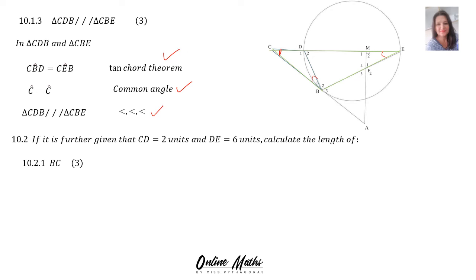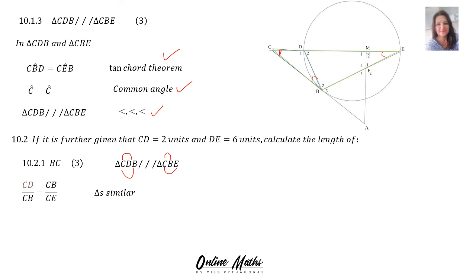10.2.1. If it is further given that CD is equal to 2 units and DE is equal to 6 units, calculate the length of BC. Now, since our two triangles are similar, we can write down this ratio. It is CD over CB is CB over CE.